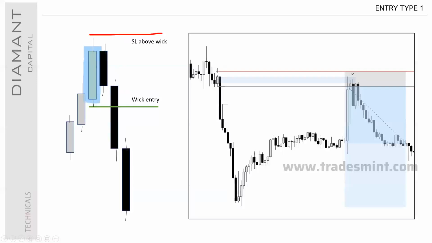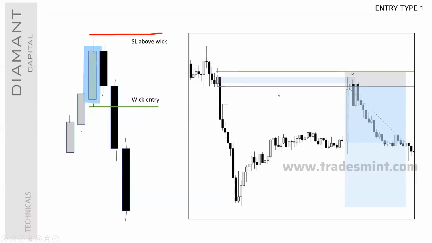Now, how do we use this? You've got different types, different entry points. The first one, I would say, is the wick entry, depending on how big the candle is, because sometimes, as you can see from my cursor on this candle right here, the wick is very far from the body. But we're looking at a refined entry of this order.